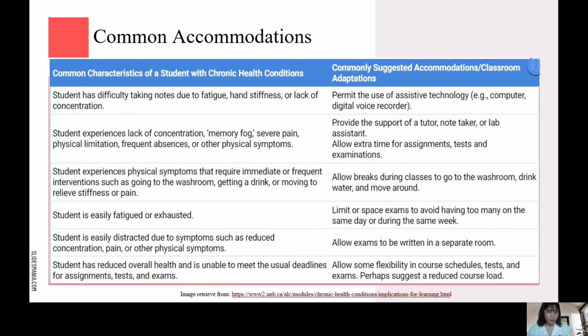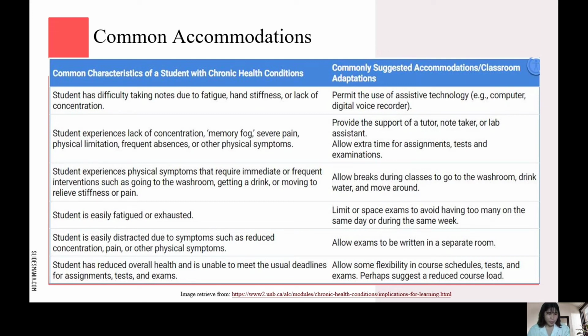Next, a student experiences lack of concentration, memory fog, severe pain, physical limitation, frequent absences, or other physical symptoms. Provide the support of a tutor, note taker, or lab assistant. Also allow extra time for assignments, tests, and examinations.